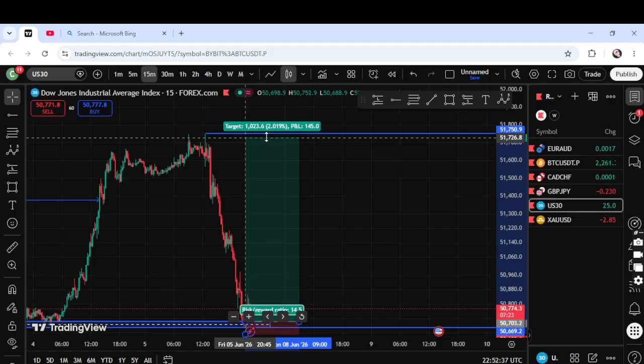But I'll wait for confirmation. So something like this, they're giving this a retracement. If it will break it, perfect. Then anything around here we will enter back.